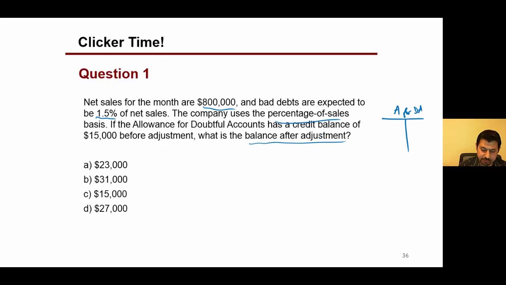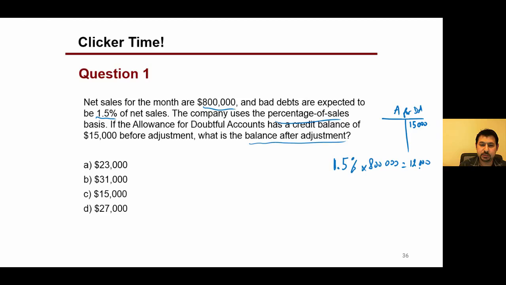The beginning balance of allowance for doubtful accounts was 15,000 credit, and then the adjustment will be equal to 1.5% multiplied by 800,000, and this is equal to 12,000.